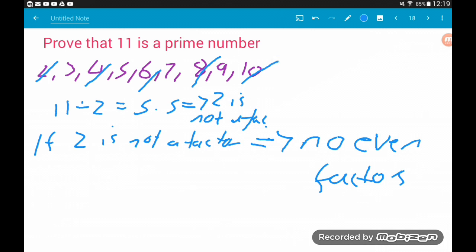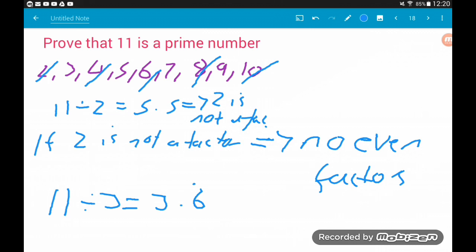So, next we would want to test 3. So if we do 11 divided by 3, well, we're going to get 3.6 recurring, so it's going to be 3.66666 forever and ever.